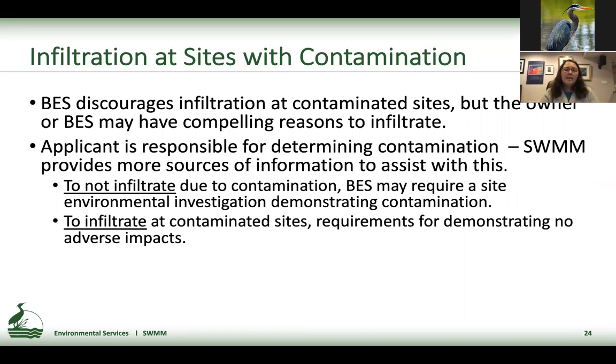If an applicant does not want to infiltrate due to contamination, BES may require additional site environmental investigation demonstrating that contamination and demonstrating that doing stormwater infiltration would be problematic with that contamination. To infiltrate at contaminated sites, we will ask for a geotechnical and environmental evaluation that demonstrates that that would not cause adverse impacts.